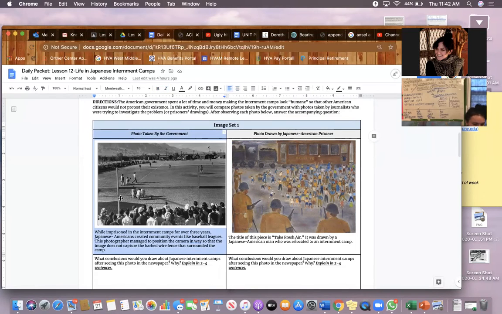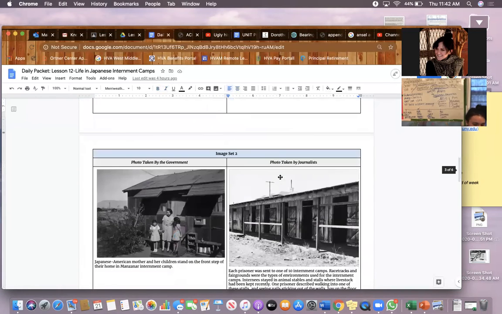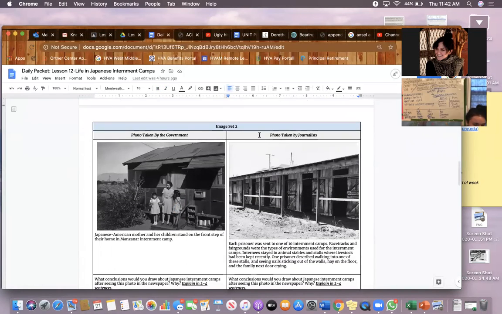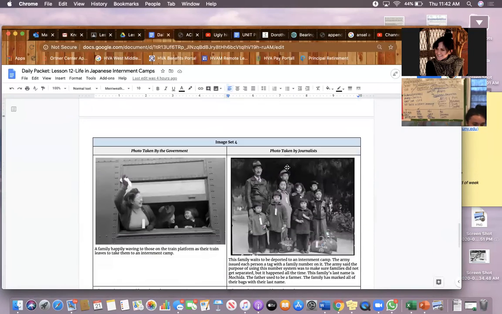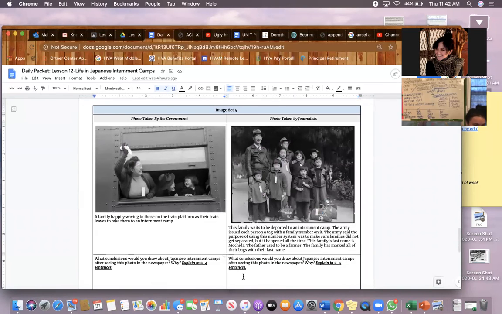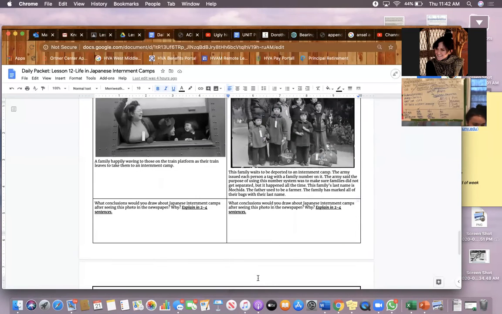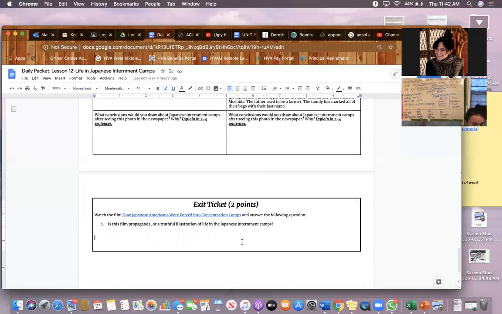This is an example of propaganda, whereas this photo is a realistic image, or it's an image which was drawn by a prisoner of the internment camp. You'll notice that there are 4 image sets. You must complete the questions for 3 of the image sets. Don't forget at the end to do the exit ticket.